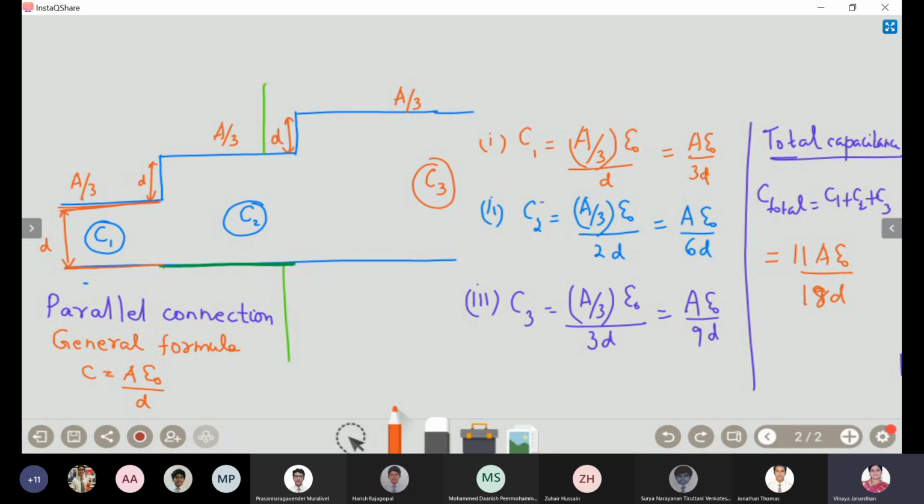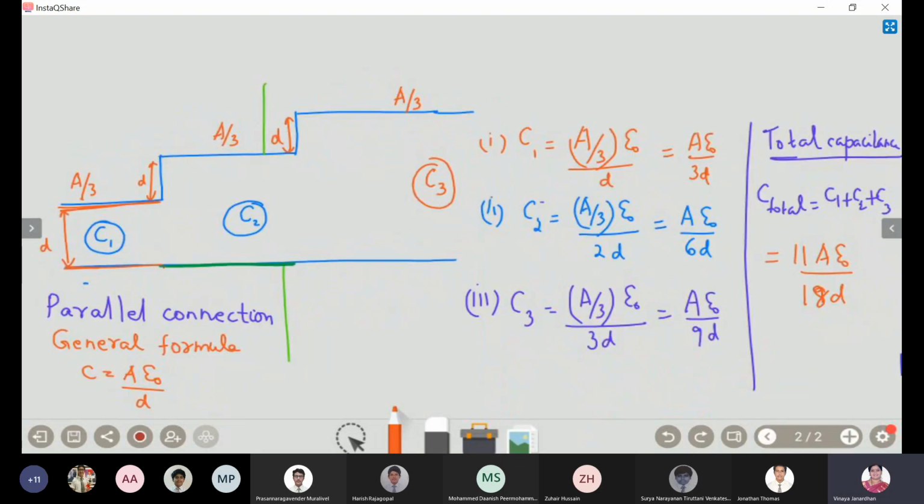Write the question. Two identical parallel plate capacitors, C1 and C2. Now you need time to complete. Boys, you need time to complete the previous one.